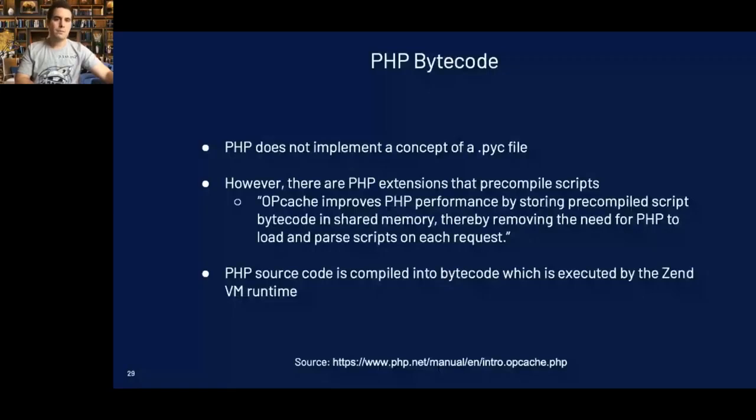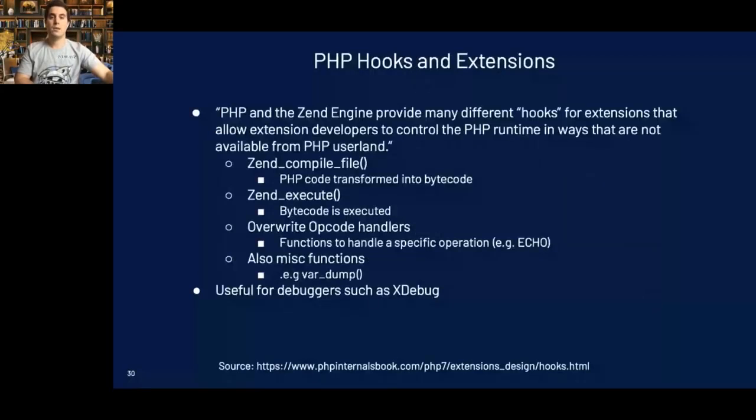Now, in general, even if it's not cached like this, PHP code will be compiled into bytecode, which is executed by the Zend VM runtime. PHP and the Zend engine also provide hooks for extensions that can allow developers to control the PHP runtime in ways that are not available from PHP userland.